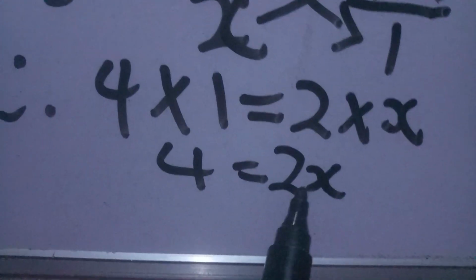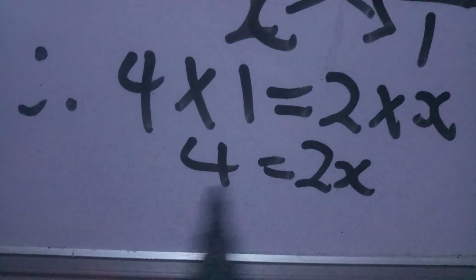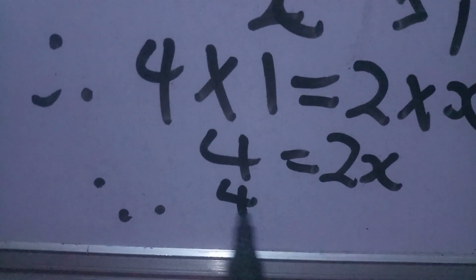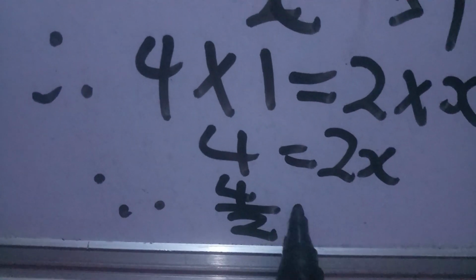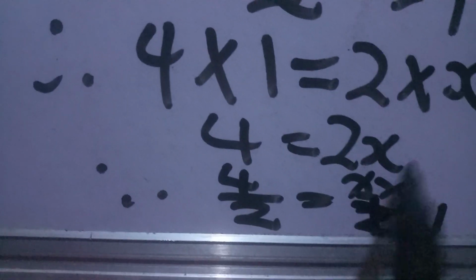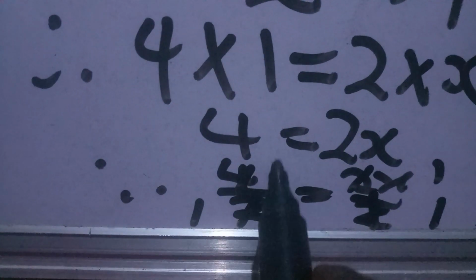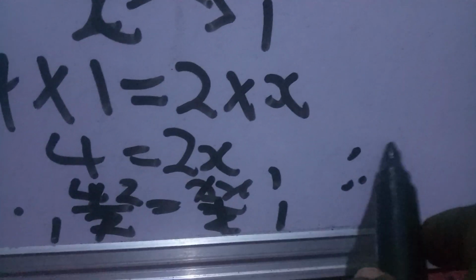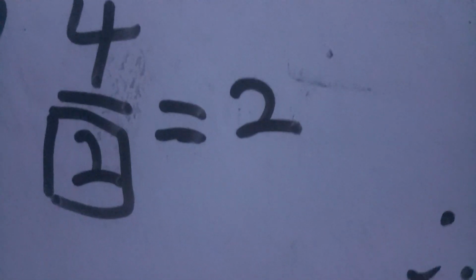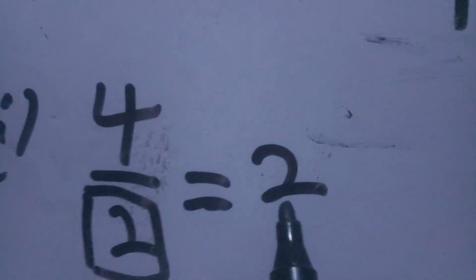For us to get our x, we have 4, divide both sides by 2. 2x divided by 2, the 2s cancel and we are left with x. That means our x is equal to 2. So we are back to the equation. We cannot have our x to be 3 because it will not equal the result.